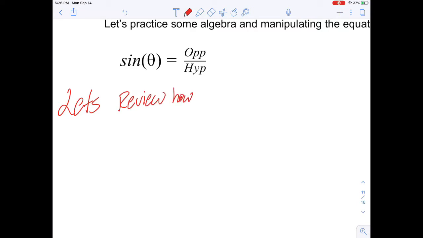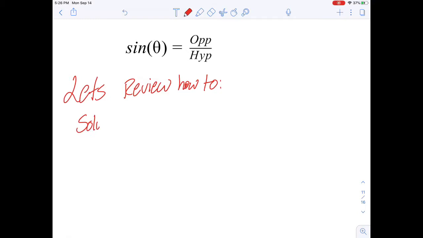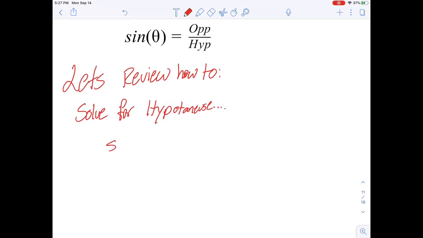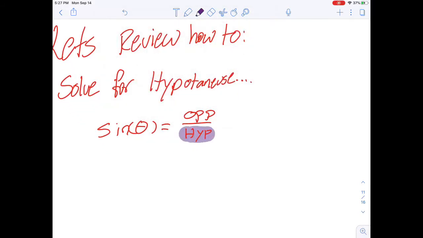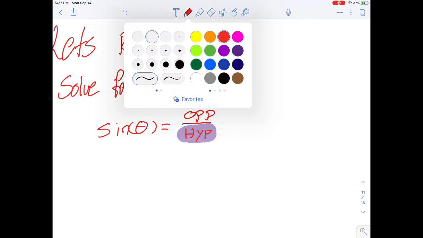Here we'll solve for hypotenuse. Let's say we have sine angle, and that equals opposite over hypotenuse. In this case, the thing we're solving for is on the bottom. If it's on the bottom, the first thing you need to do is get it on top.